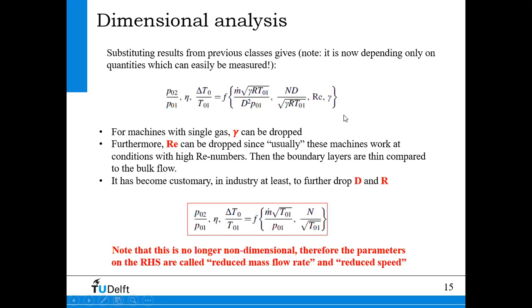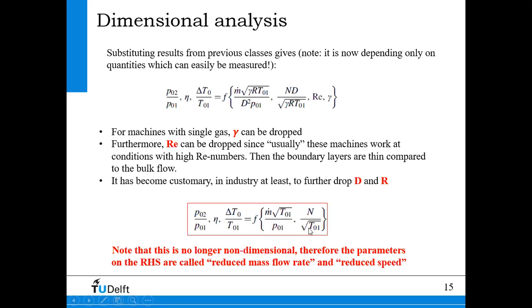And also, if you have more or less an ideal gas, you can assume gamma to be more or less constant. In that way, all situations can be expressed with 2 parameters. Normally these 2 parameters are chosen for turbomachinery: the dimensionless mass flow, made dimensionless by the square root of temperature and the pressure, and the dimensionless rotational speed.